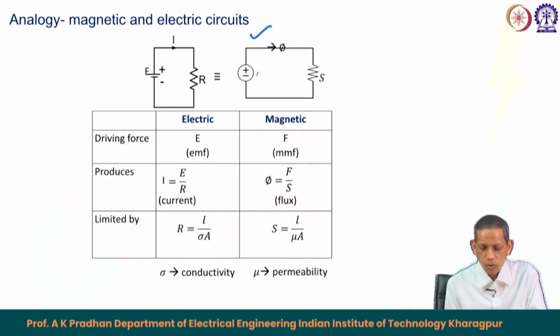From these two equivalents we can say that in the magnetic circuit, the MMF is equivalent to EMF, the source, similar to voltage, and also the voltage drop encountered across R equals I into R. Similarly, MMF equals H into L also, because H equals MMF upon L.